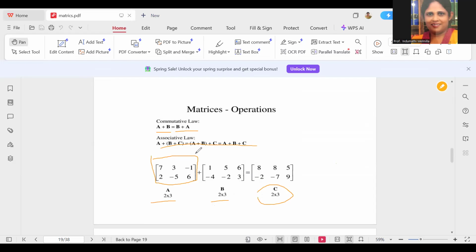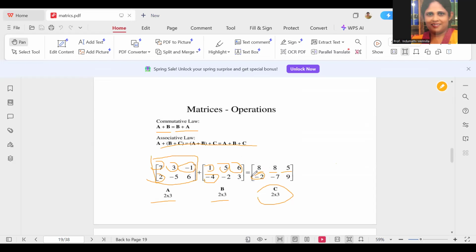Okay, so in here you can see the first elements we need to add are 7 and 1, so the answer is 8. We can put it in here like this, okay? And then for the second element, 3 and 5, we need to add, then it is equal to 8. Next we need to add minus 1 and 6, and when we add these two, it is equal to plus 5. Then 2 and minus 4 we have to add, which gives minus 2.